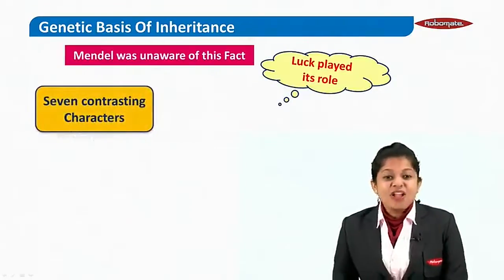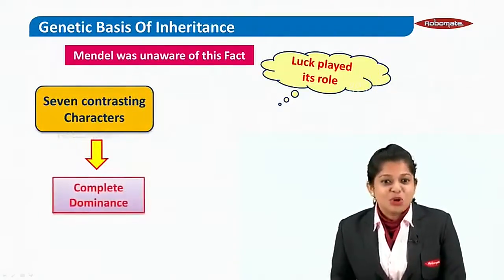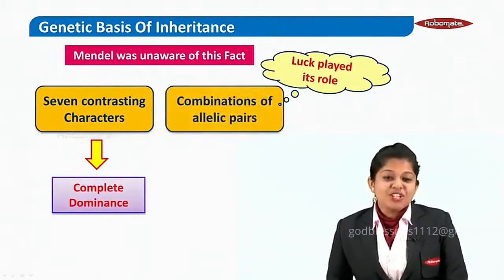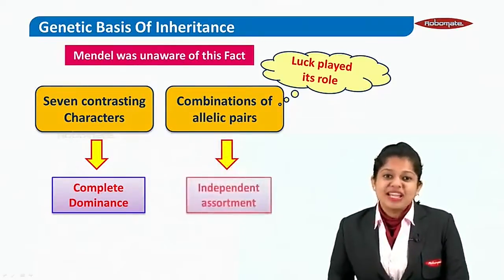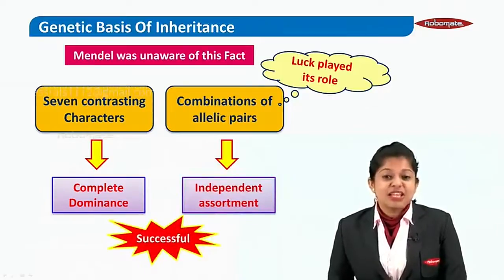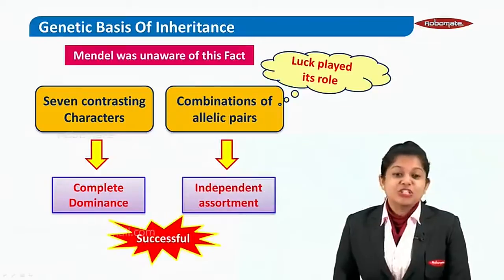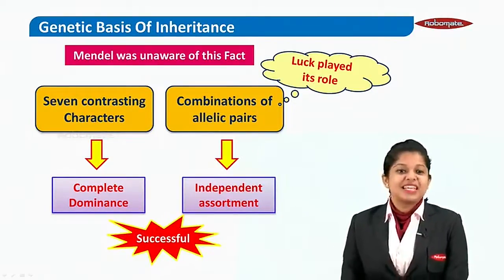All the 7 characters that he chose showed complete dominance, and the combinations of allelic pairs that he chose also showed independent assortment. Thus, he was successful in establishing his third law of independent assortment, or let's say his laws of Mendelian inheritance.